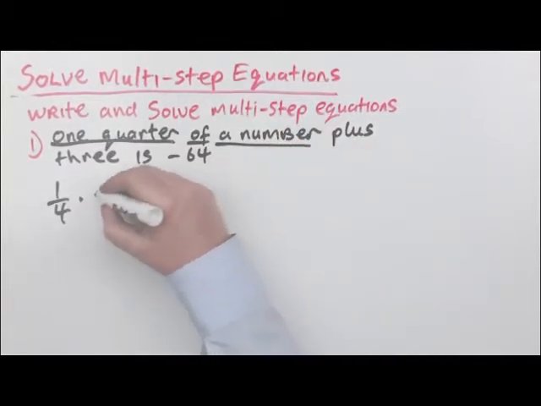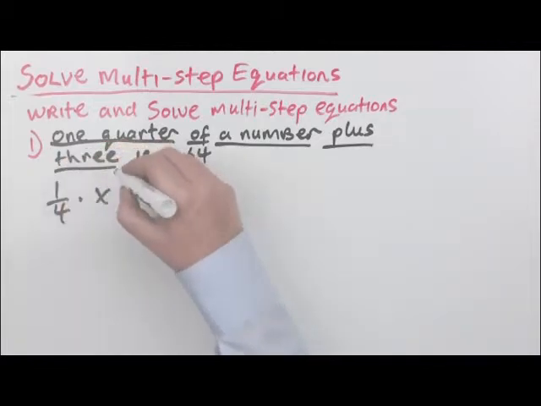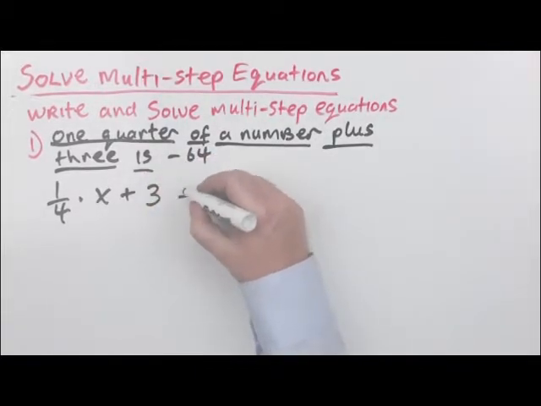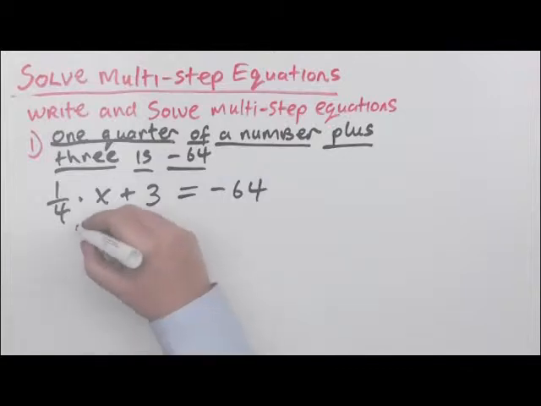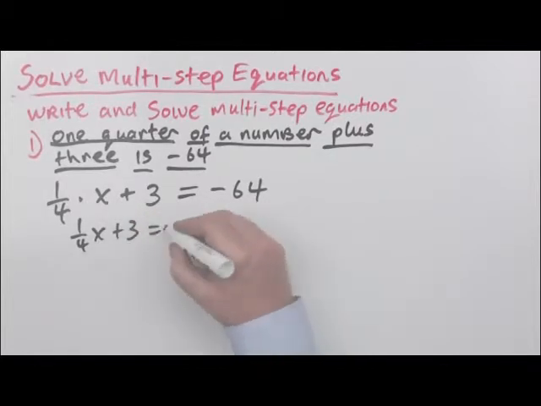A number is x, plus 3, so that's a plus sign, and it's plus 3. The word is means equal, negative 64. So let's rewrite that: 1/4 x plus 3 is equal to negative 64.